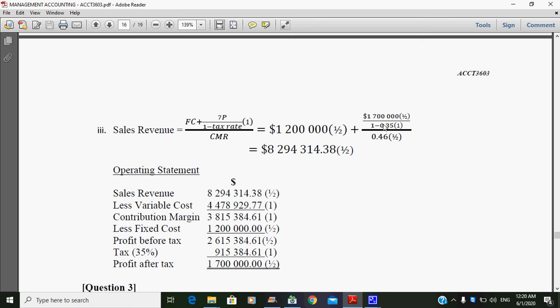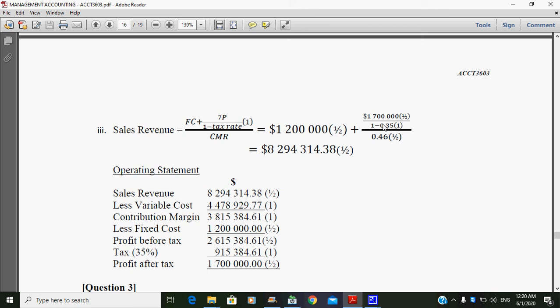This now would give you 0.65. You divide 1.7 million by 0.65. Let me check.